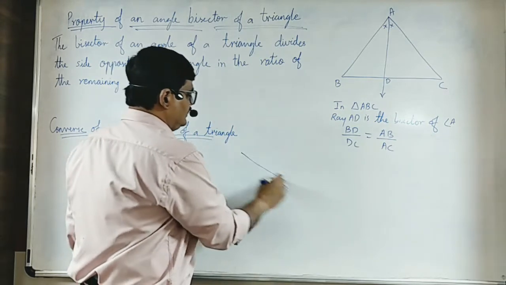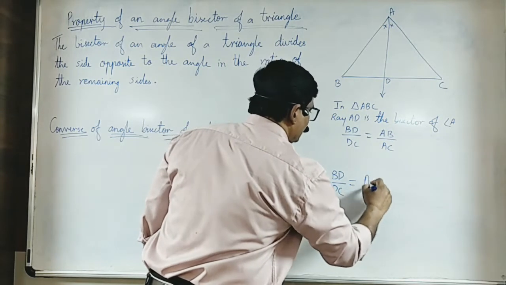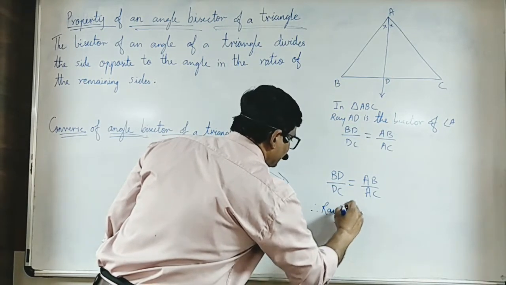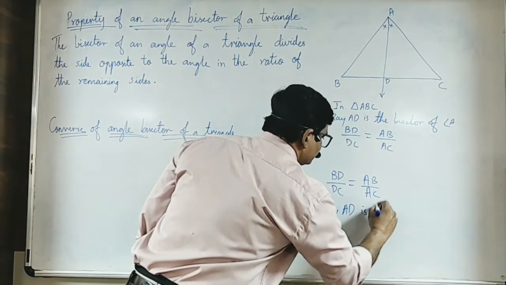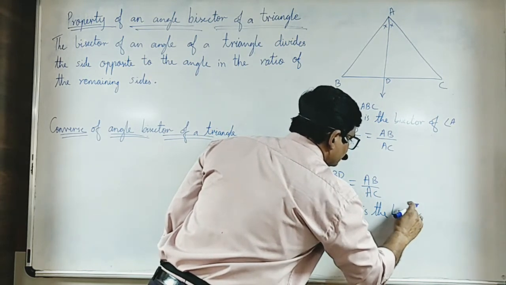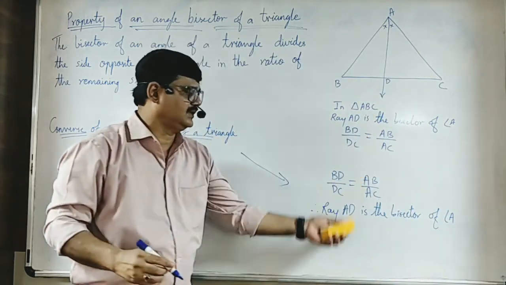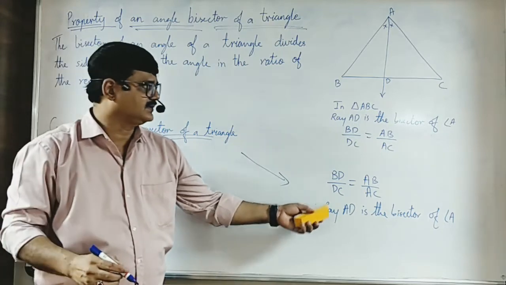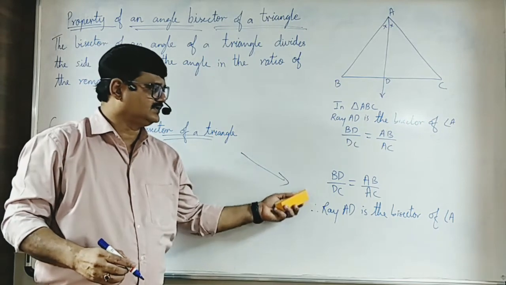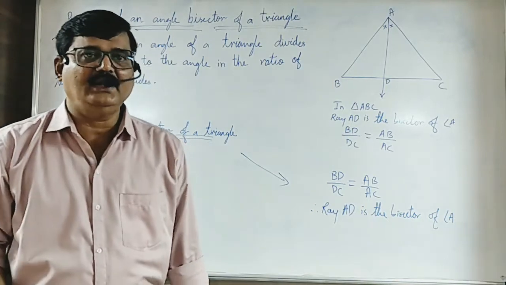In the converse, if the ratios are equal, then ray AD is the bisector of angle A. If you prove these ratios are equal, then AD is a bisector. Here, AD is a bisector, therefore the ratios are equal, and the converse says that if the ratios are equal, then the ray is a bisector of that angle.